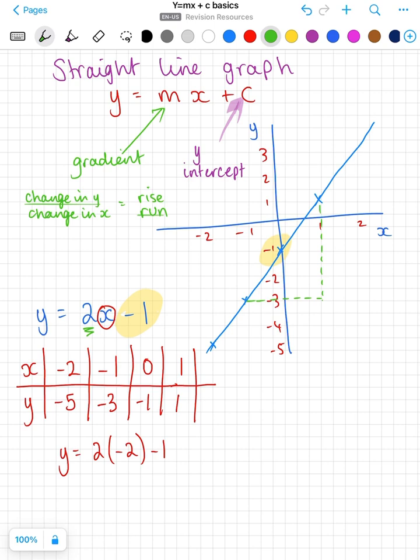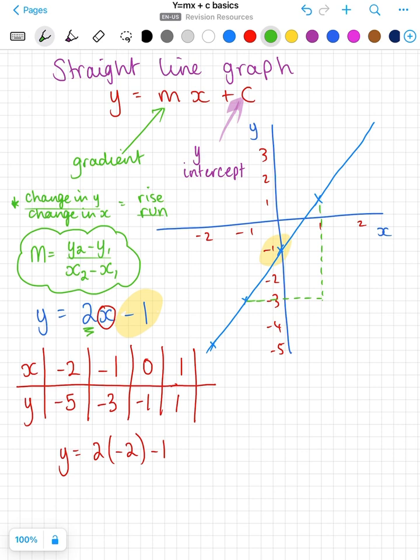You need to find the gradient of the straight line just from a set of coordinates. If you're doing the higher paper, my suggestion would be to just learn this equation. All it is, is a numerical representation of change in y, the difference in the y coordinates, divided by the difference in the x coordinates. So let's try.